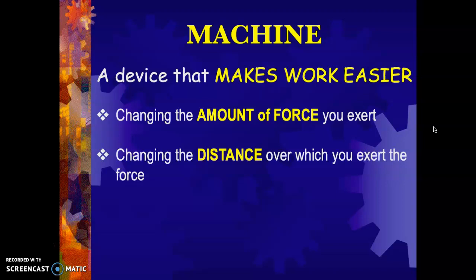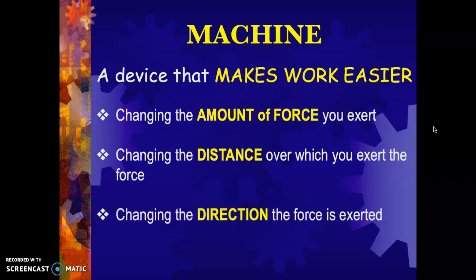Okay, and finally, change the direction of the force. A type of machine here that is usually used in which we want to change direction would be something like a pulley. Let's say we need to lift something up 10 to 15 feet off the ground. Okay, well, instead of using a ladder and trying to carry a very heavy object up the ladder, what we can do is set up a pulley system.